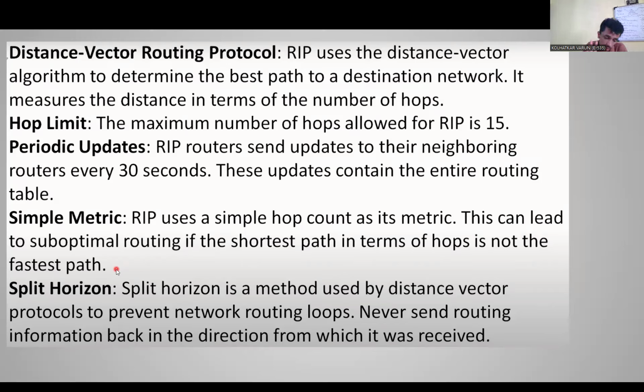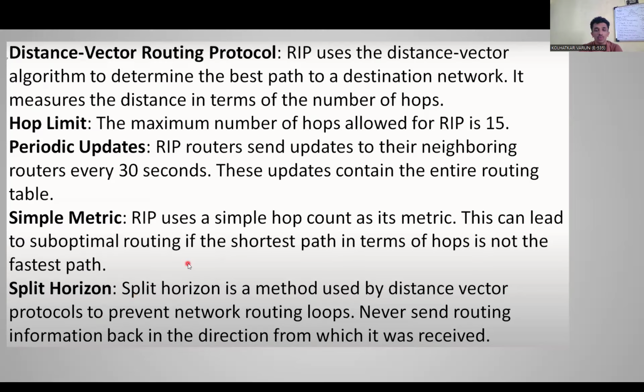Again, less number of hops means the path is the best, but it doesn't imply anything about the bandwidth of the path, it doesn't affect the bandwidth. So we have to remember this. Again, the hold down timer, I think we haven't covered that yet. The hold down timer is for 180 seconds. Let's see it further.